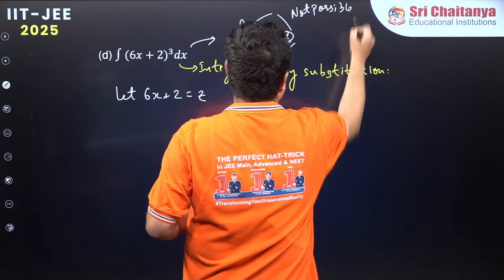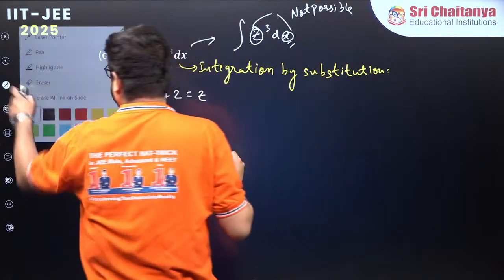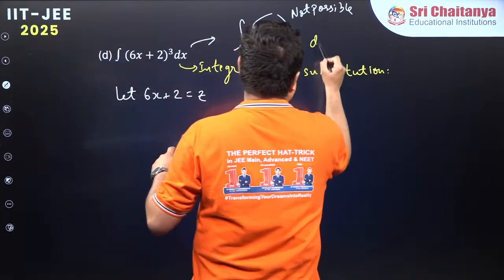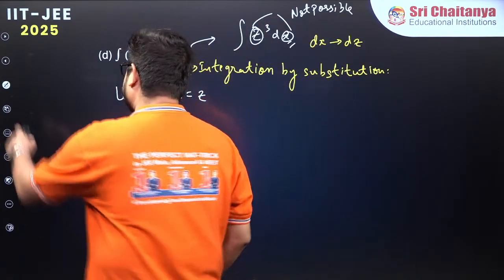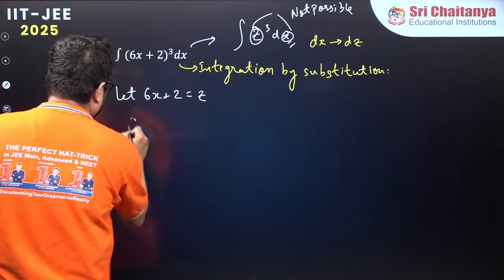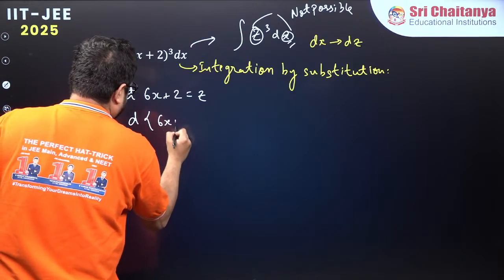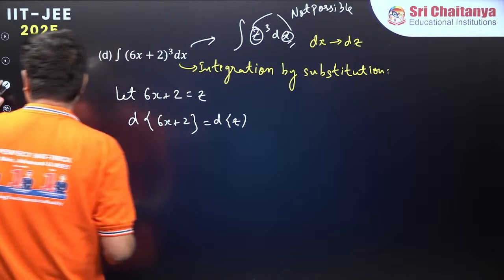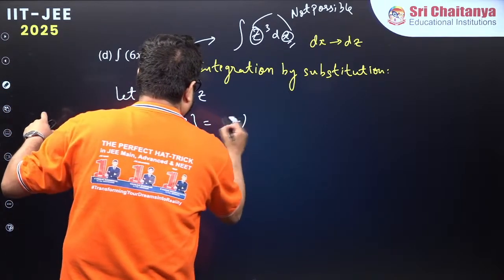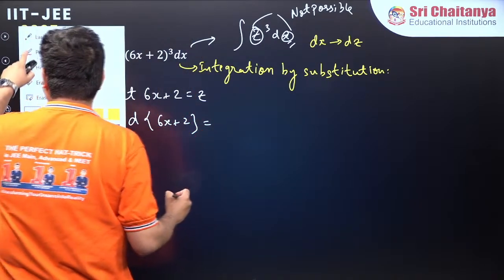So as a result of that, you need to convert this dx to dz. Isn't it? So what I will do, I need to form differential. d of 6x plus 2 is d of z.